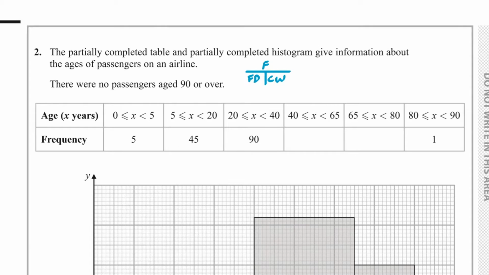So what I will do is add on a frequency density row. Here the frequency density is 1.